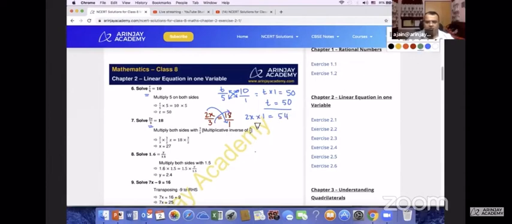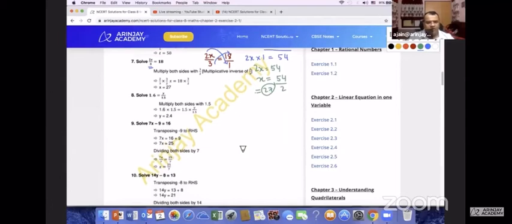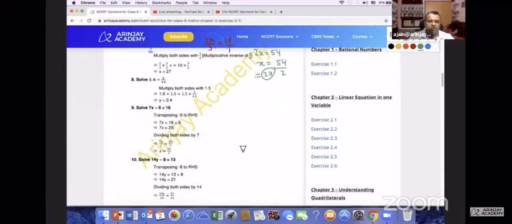So 2x is equal to 54. If I get the answer for x, that will be 54 divided by 2, or simply 27. The value of x will be 27 in this particular case. I hope we have this clear in respect of whatever we have done. And now we will move on to the eighth question.